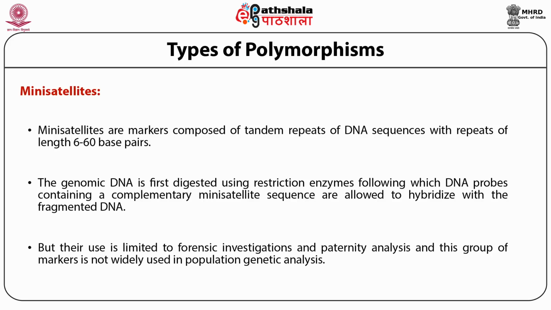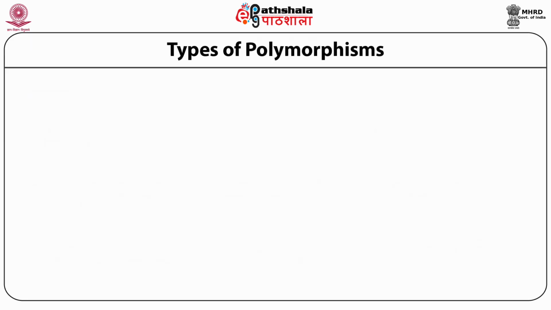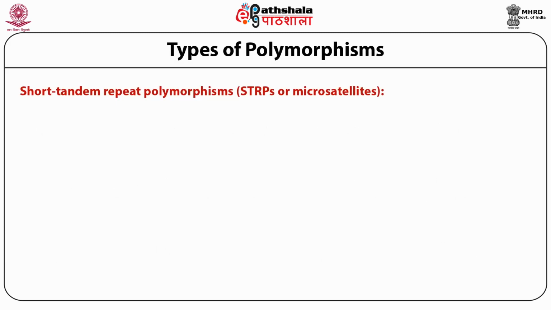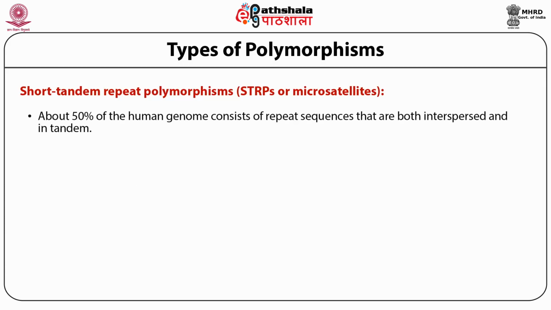in population genetic analysis. Then we have short tandem repeat polymorphisms, that is STRPs, or microsatellites. About 50% of the human genome consists of repeat sequences that are both interspersed and in tandem.